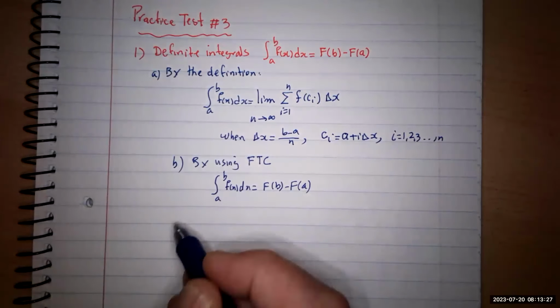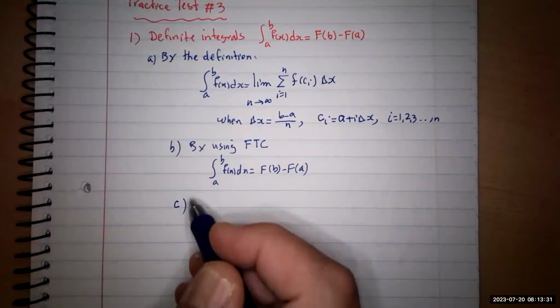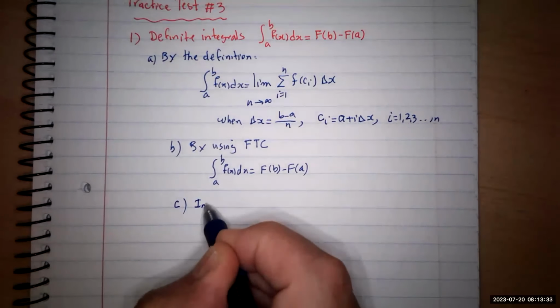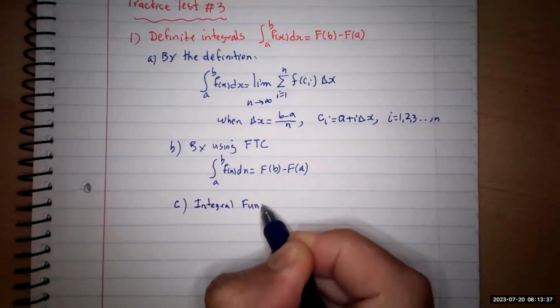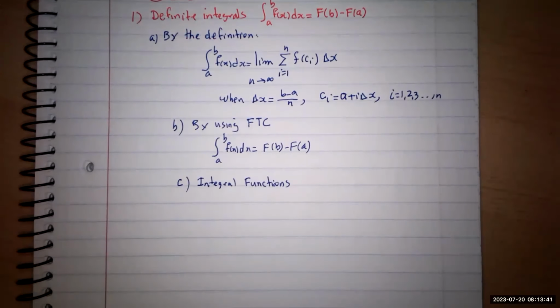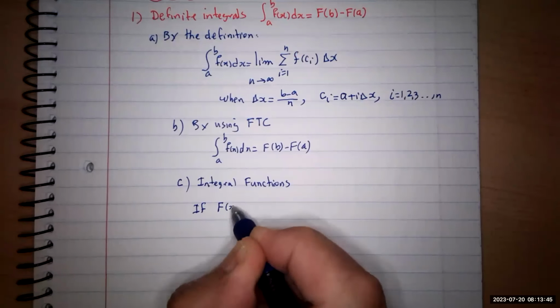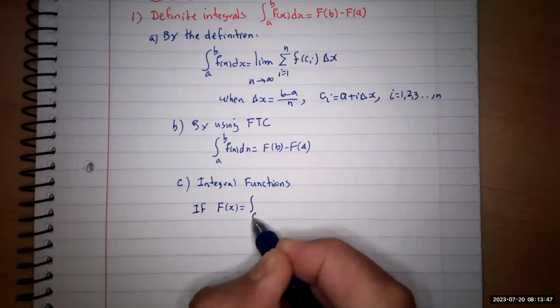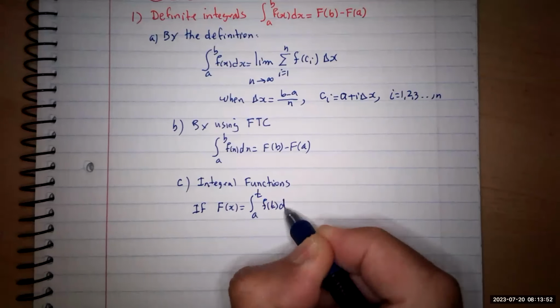There is going to be another problem on this, remember, and that's the introduction of the integral function. What's an integral function? It is a function defined by an integral, like the integral from a to t of f of t dt.